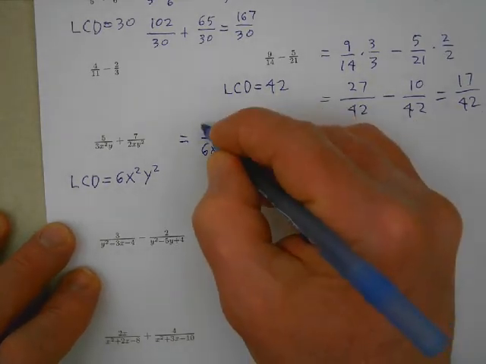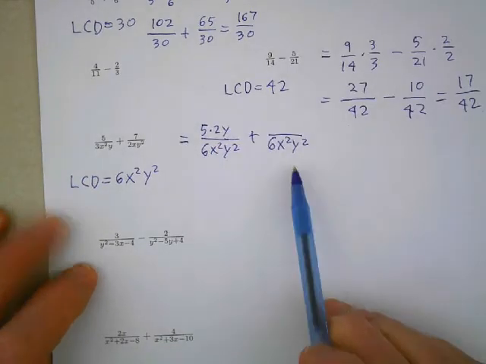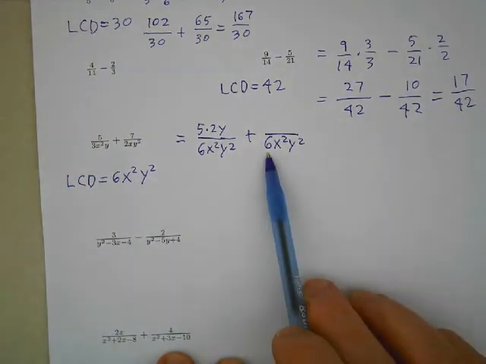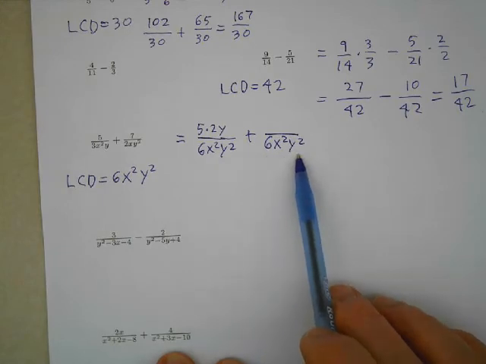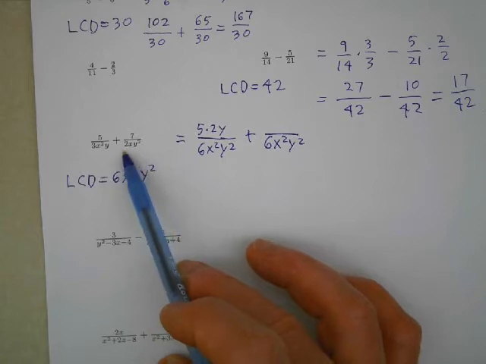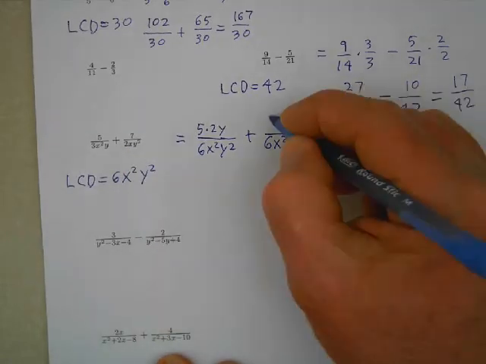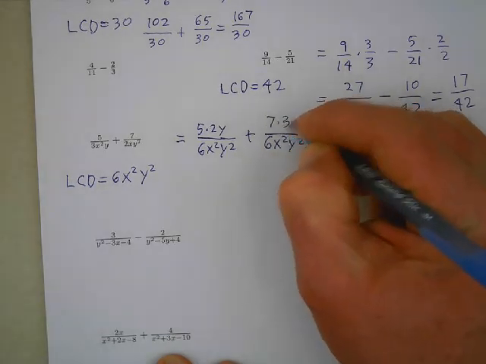So that means we need to multiply the numerator 5 by 2y. And then over here, this denominator, 6x squared y squared, in order to get that from this denominator, we would have to multiply 2xy squared by 3x. So we'll multiply 7 times 3x.